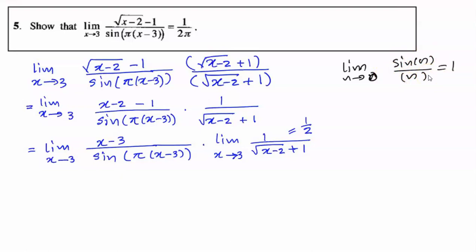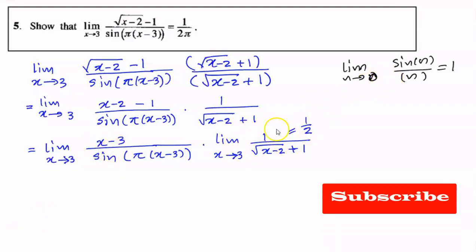We are going to use this identity to answer this question, but I don't have that exact form. So my idea is to divide sine pi (x minus 3) by pi (x minus 3). The reason is that when x goes to 3, x minus 3 goes to 0, and we have x minus 3 up here.